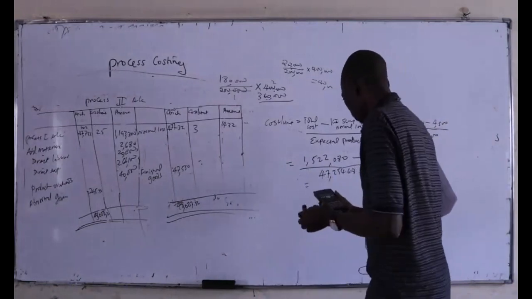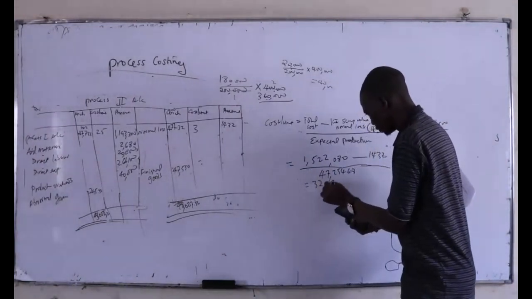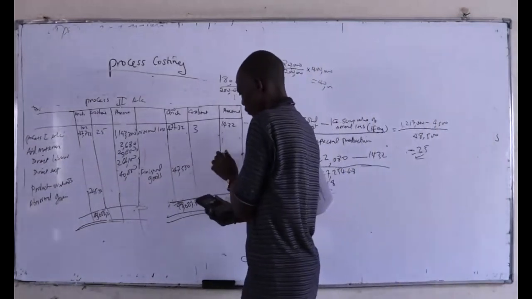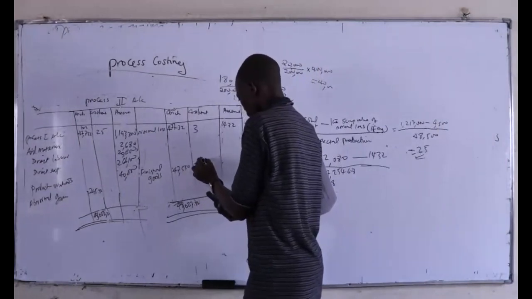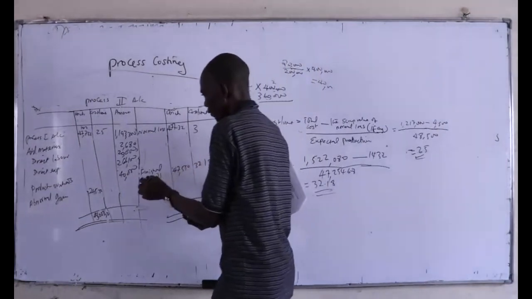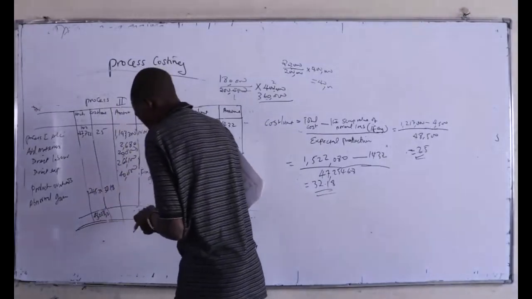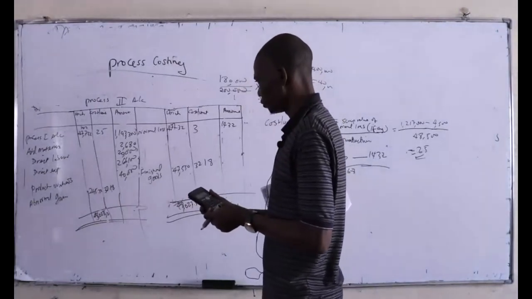So this is 32.18. Roughly, the per unit cost here will be 32.18. This is also 32.18. So if you multiply, then eventually the balancing figure should be the same.